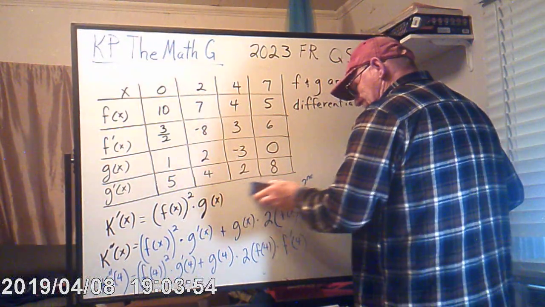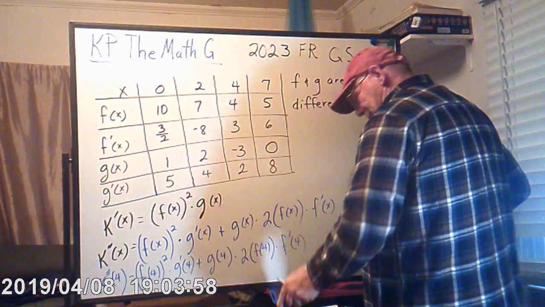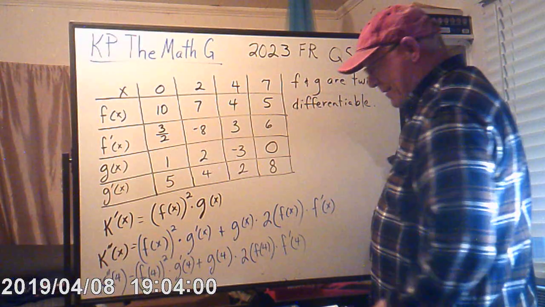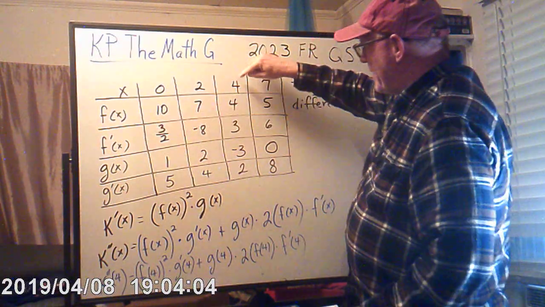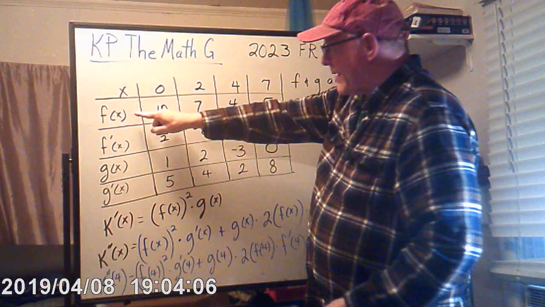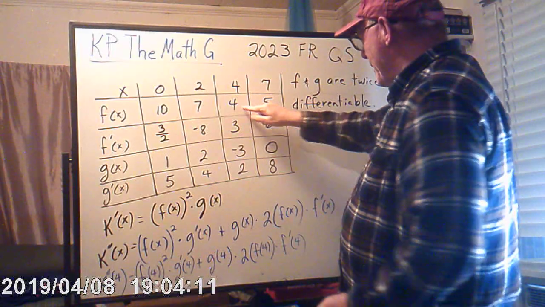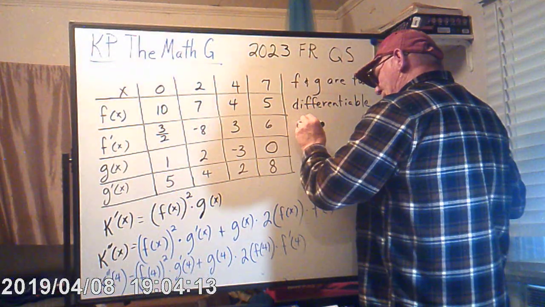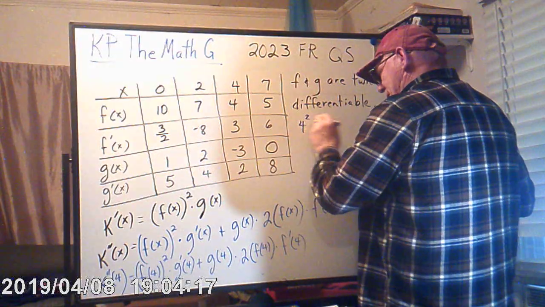Matter of fact, I may just go ahead and erase this. We've already looked at that. So f at 4, where is that? Be very careful that you find the correct one. f at 4 is 4. So I'm going to put 4, and square it. Yeah, that's right.